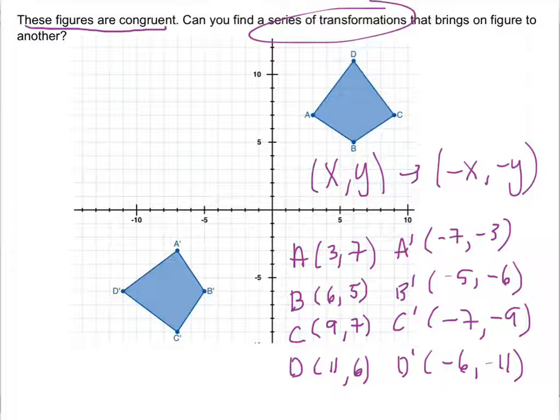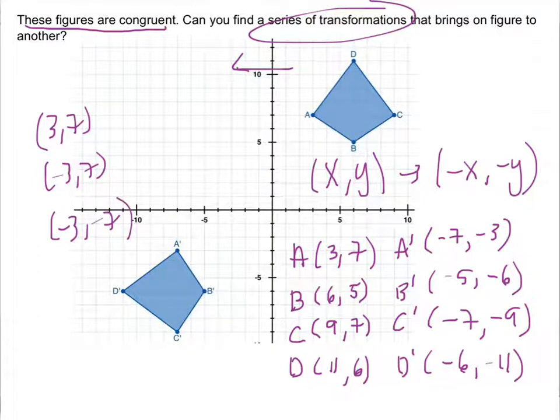So this might actually be a combination of transformations, because I know that if I took 3, 7 and reflected it twice, first over the y and then the x, it would get that point and then this point, which is not the point I have.